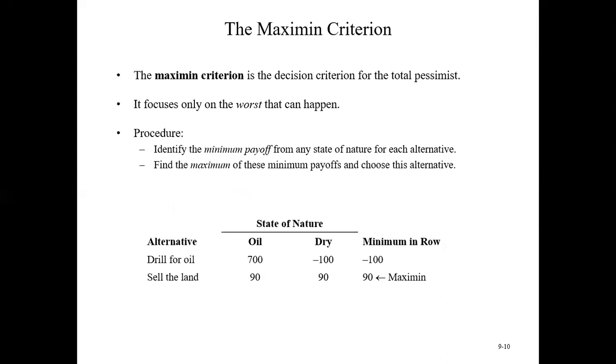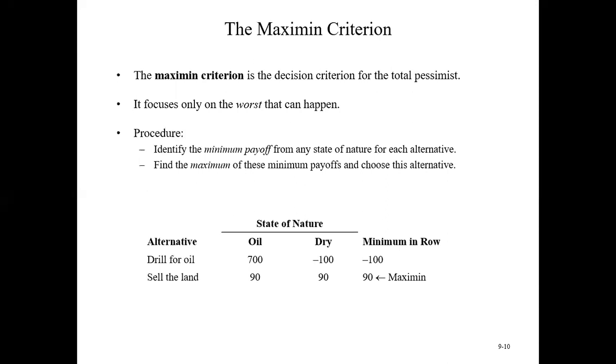Can we minimize our losses, by looking at the approach that's going to maximize our revenues, by looking at the minimum amount for each row, for each alternative, and from those minimums, finding which one gives us the maximum return.